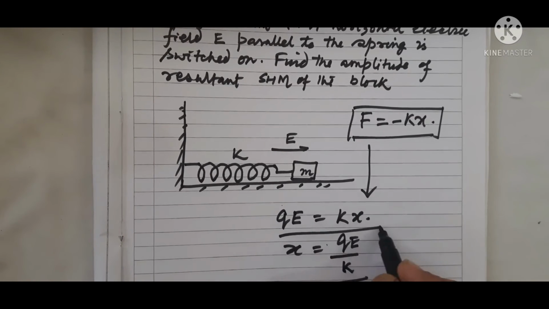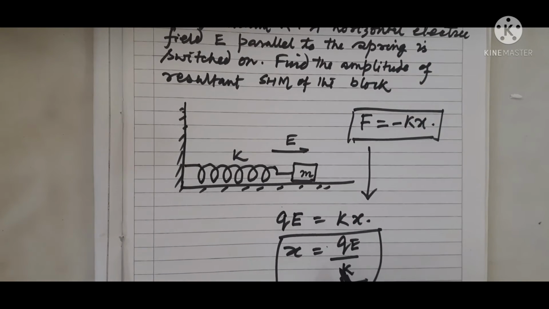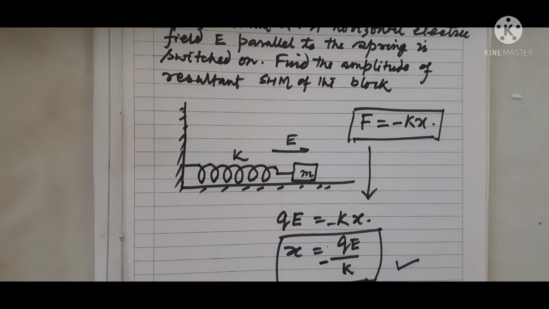That is your amplitude. If the charge, E and k are known, you can put the values and find the result. The sign is negative, we can keep it negative.